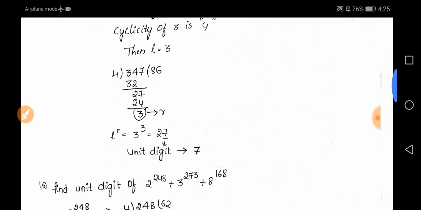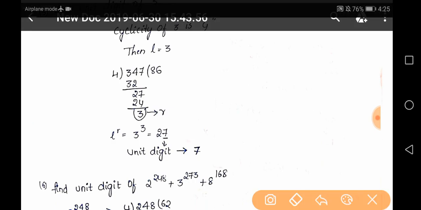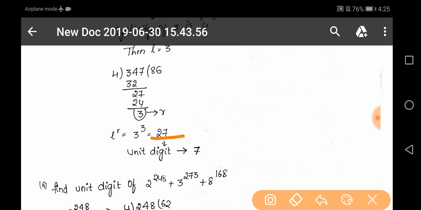So L power R is 3 cube, that is 27, but mostly you'll think the last digit is 27. That is wrong. The last digit of the result is the unit digit. So the unit digit is 7 and the answer to the question is 7. This is how we solve a single unit digit finding.